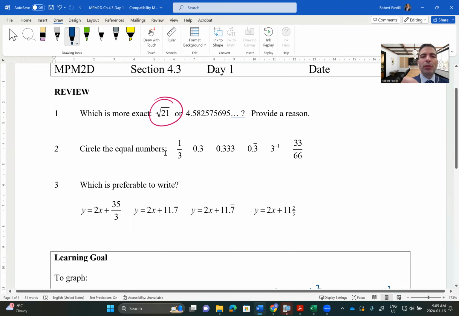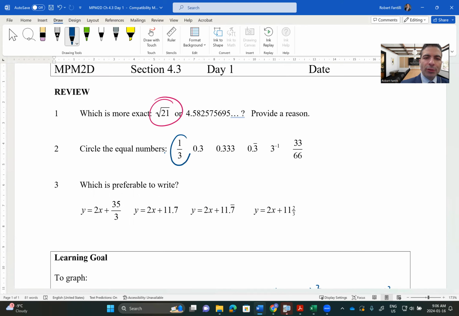Which numbers are equal here? Well, we know 1/3 is the same as 0.3 repeating. This is terminating, it's just 0.3, so that's not the same. 0.333 also terminates. 0.3 repeating is similar. We know 33 divided by 66 is 1/2, so that's not going to happen.